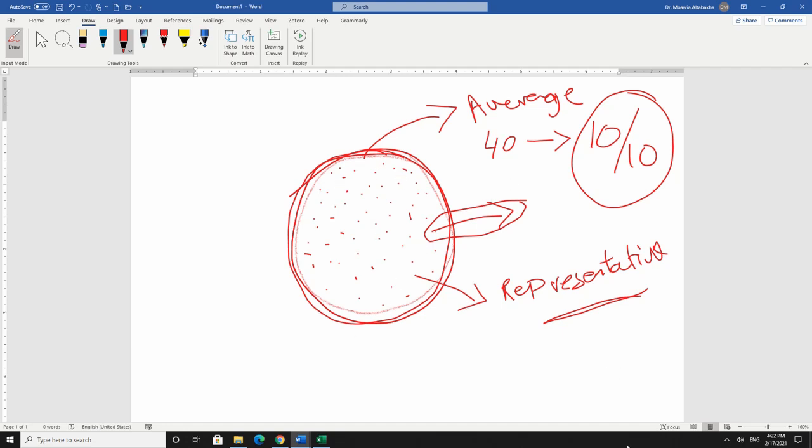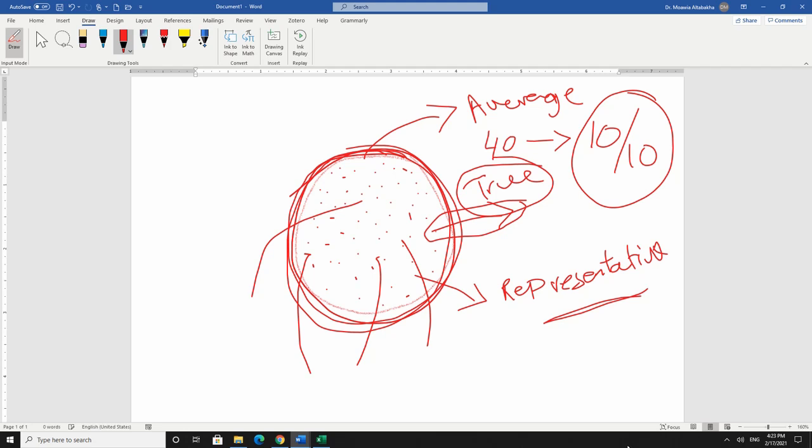Of course, in order to get the true average, what do I need to do? I need to take the whole class. If I want a representative sample, then randomly I should take some of you and take their average.